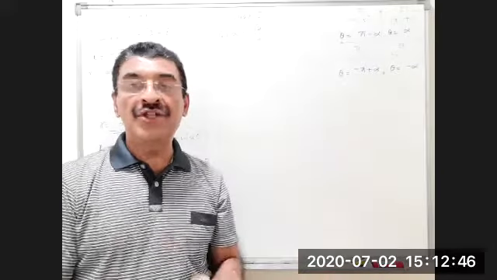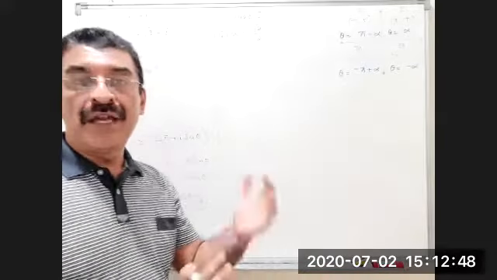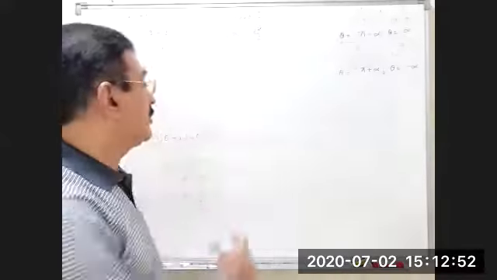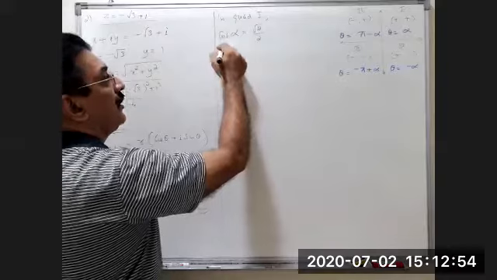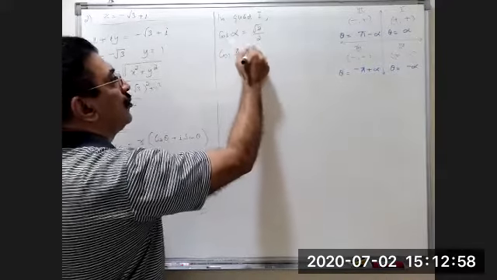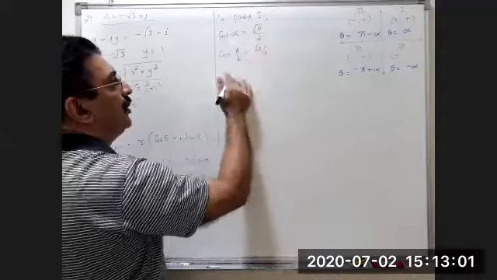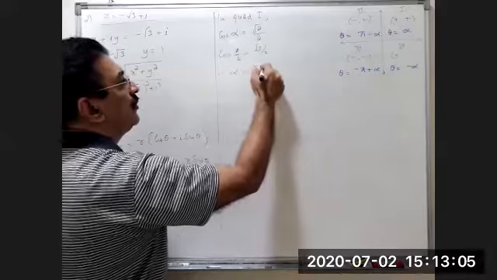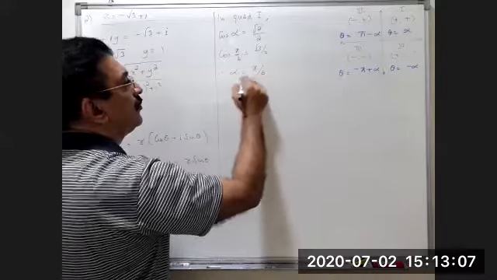So cos 30 means cos pi by 6, and cos pi by 6 is root 3 by 2. Therefore, alpha we got as pi by 6.